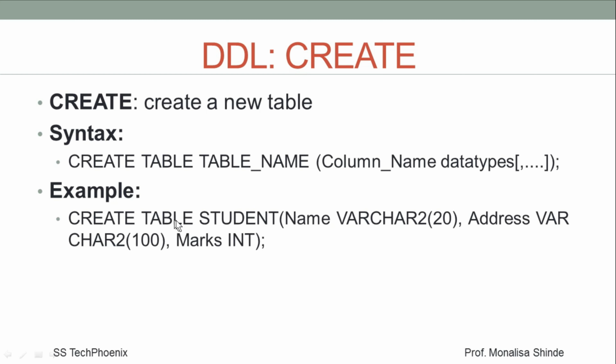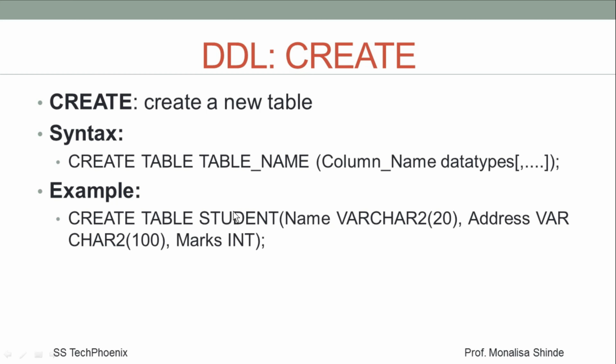This is an example of create table. Create table, these are the 2 words, and table name. Table name is student. Column name, name is the column name. Varchar means this is the data type of this column. Address, varchar2, and marks, that is of integer data type.